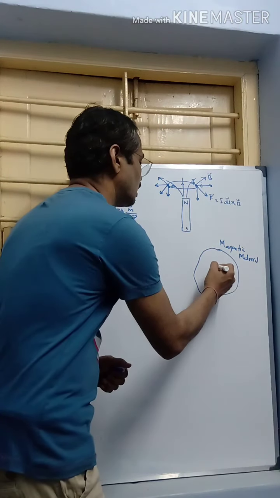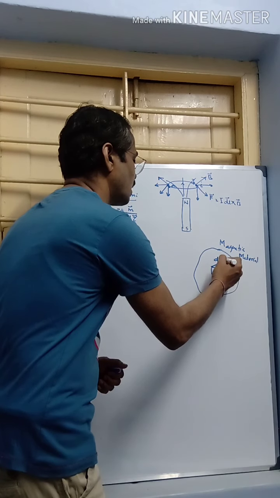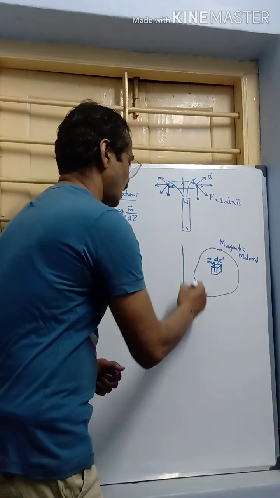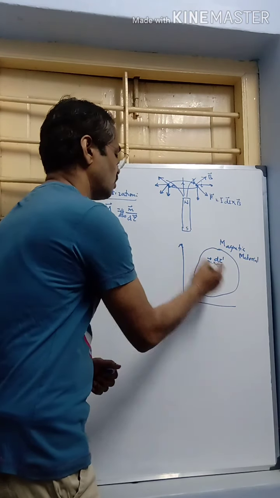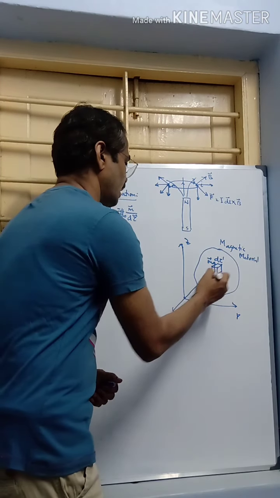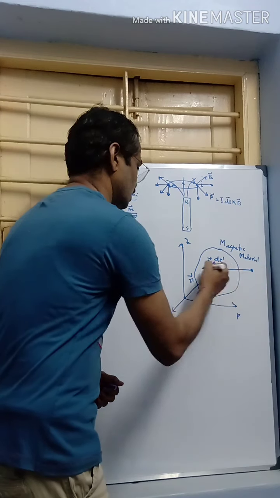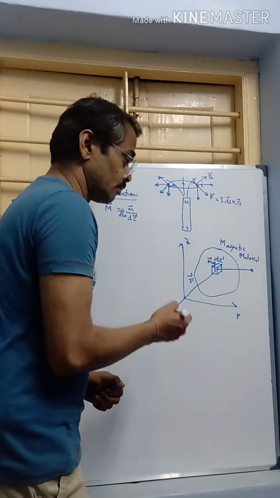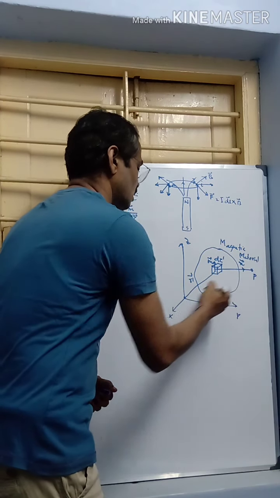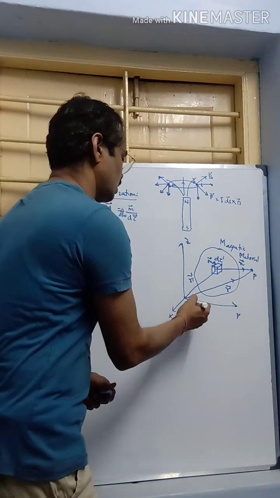So we assume that we have a source over here whose volume is d tau prime, and it has a certain magnetic moment m, small m, and with respect to some external arbitrary coordinate system, it has a coordinate r prime, and we want to find the field due to this magnetic moment at the point P, which is the field point at a distance curly r, which is at a distance r from the arbitrary origin.